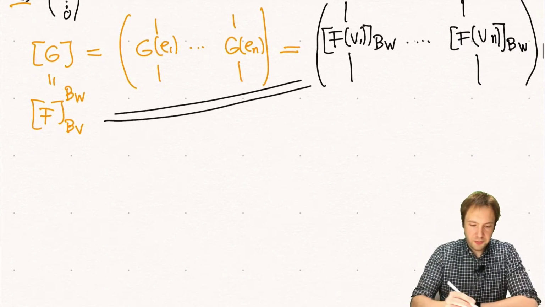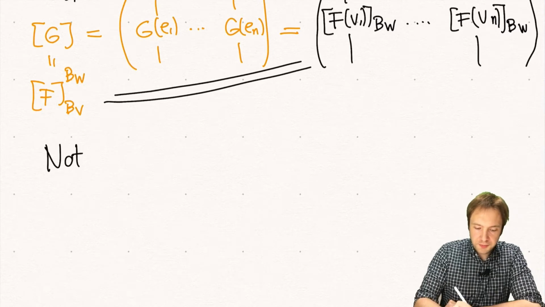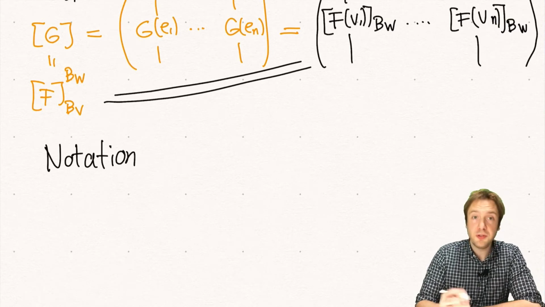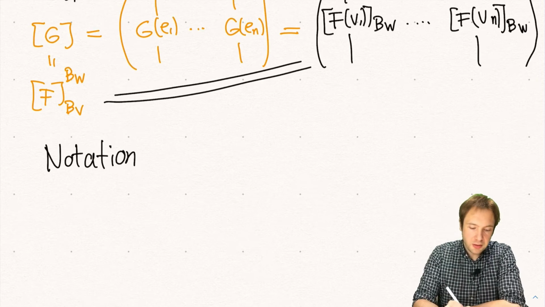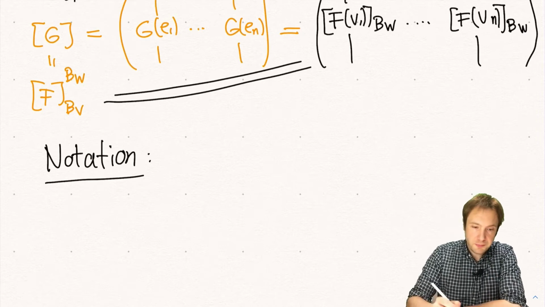And so now some notation. In this general case, we have two different vector spaces, V and W. But in a lot of cases, we will consider V and W to be the same.